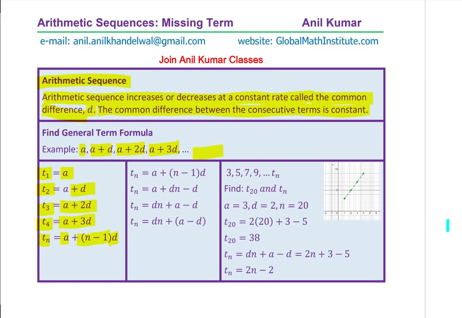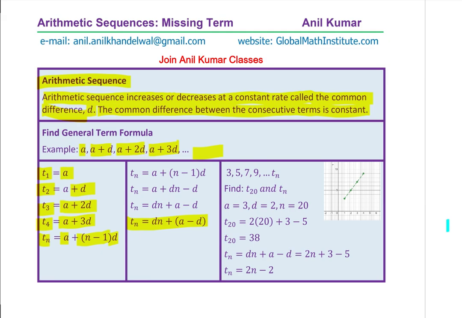However, we could simplify this and write it in an alternate way that helps us to answer such questions in less than a minute. So if you want to answer the question in less than a minute, a better formula would be this, which can be easily derived from here, correct?